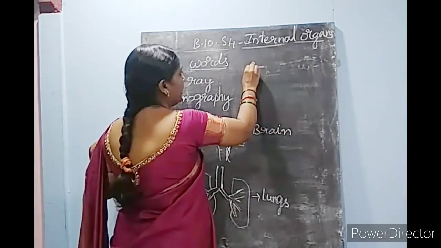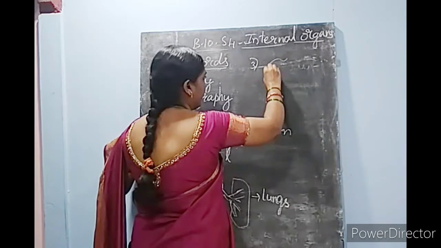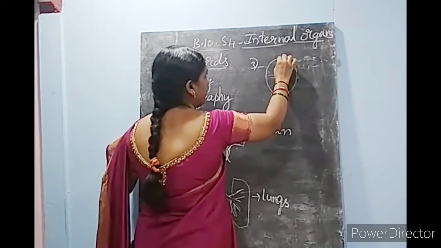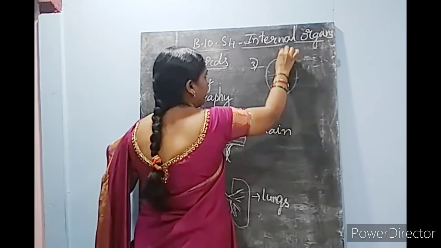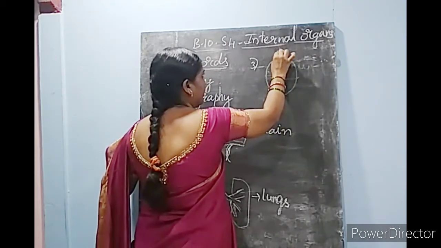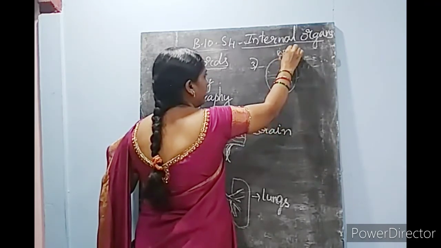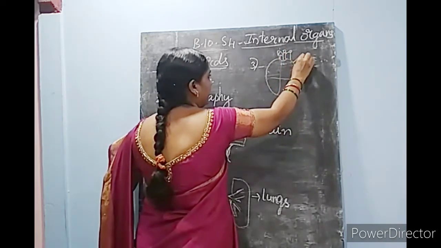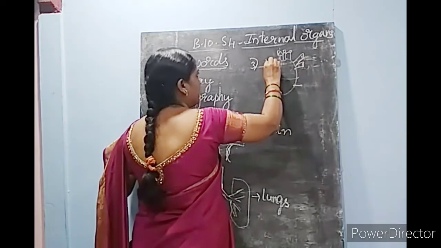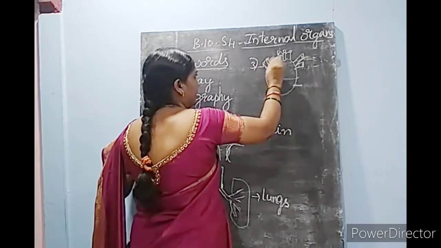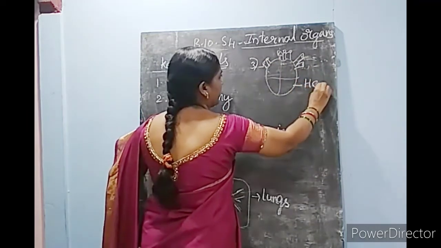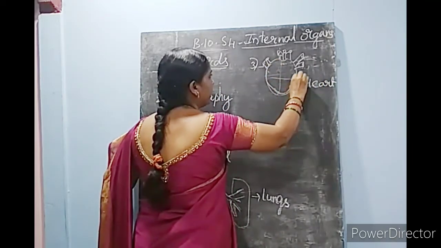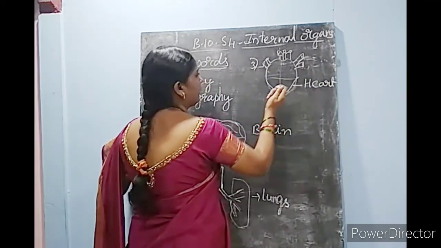So the third internal organ is, which internal organ is this? You just try to identify. So which internal organ is this? Yes, you are right, it is your heart. So heart is also one of your internal organs.